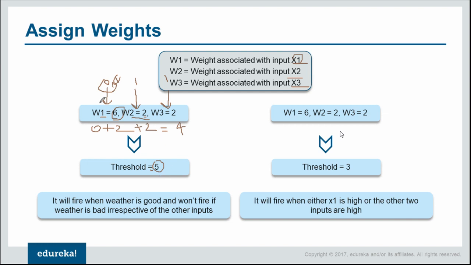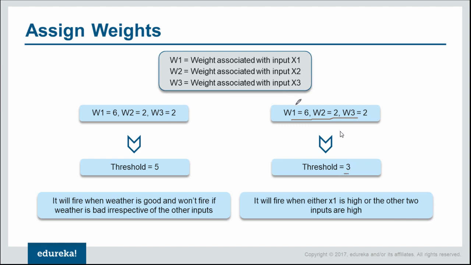You can see how wonderfully, just using some summation and threshold, we are able to prioritize things and take decisions here. In this case, we have a threshold of 3. We are setting our threshold a little lower.